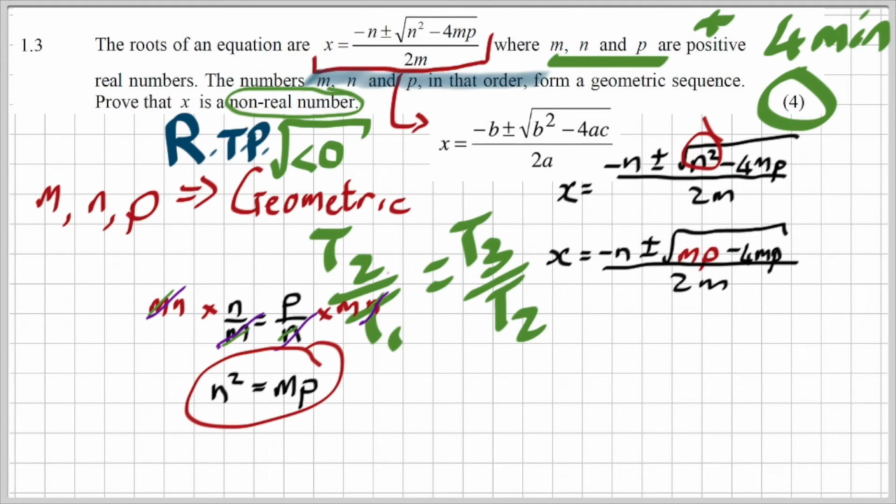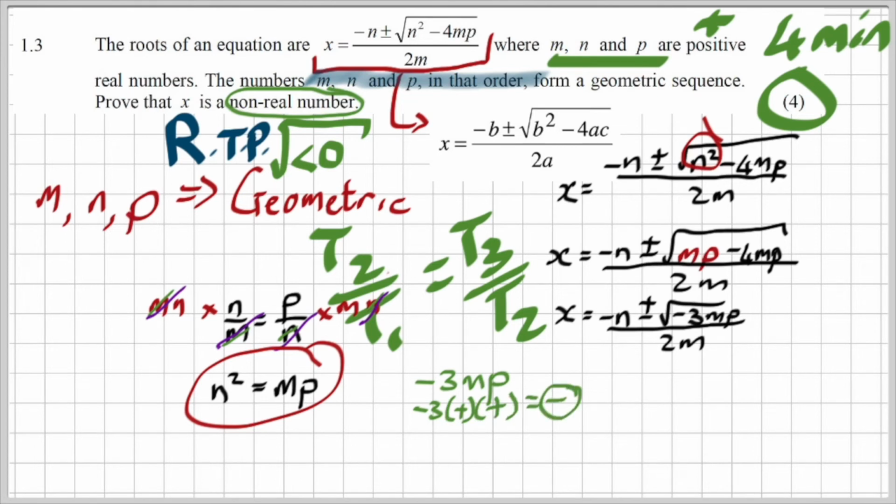If I now simplify under the square root, I get negative 3 MP. Now that is interesting. 1 MP minus 4 MP is negative 3 MP. Why is that interesting? Because M and P are positive numbers.